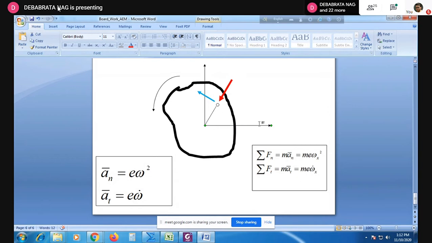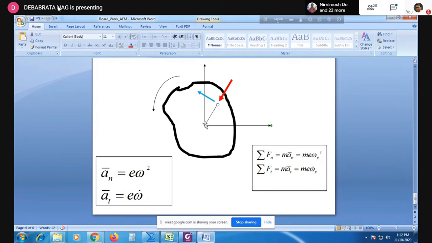For example, if I want to write along y, and I call this angle theta, I need to write this equation along the y axis. So along the y axis, if I call this angle theta, then I can write summation Fy. Write it in your notebook: summation Fy will be equal to summation Fn.